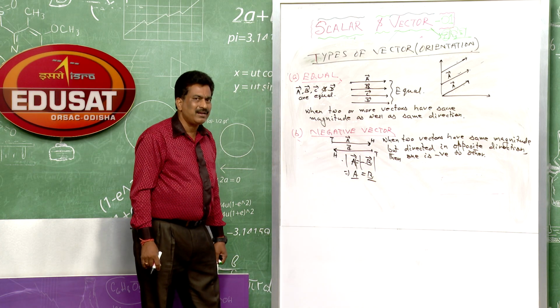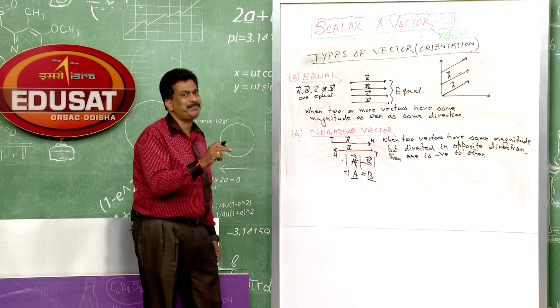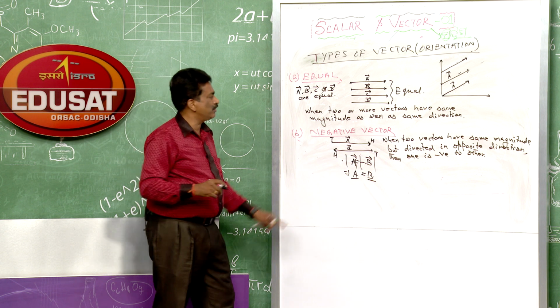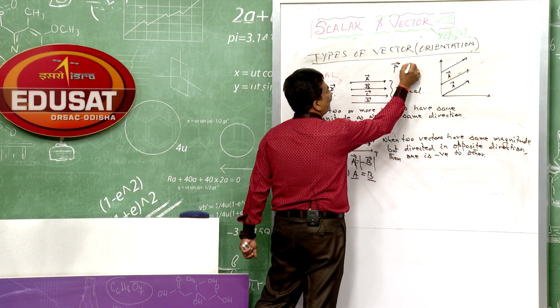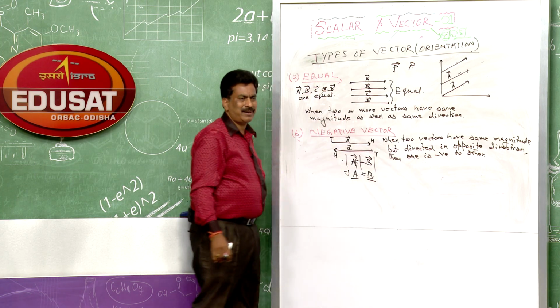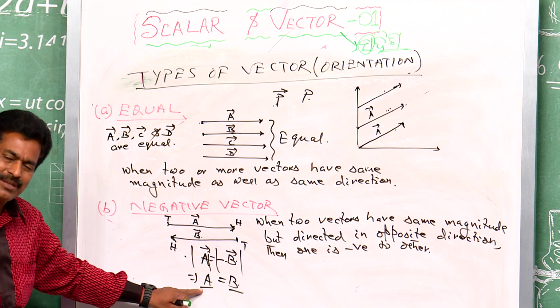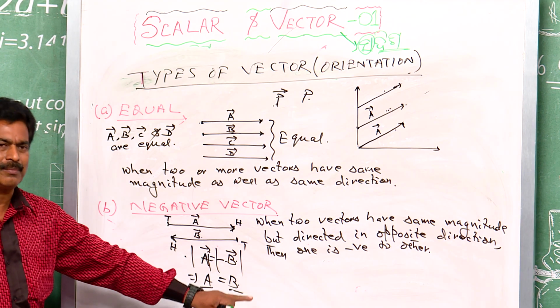What I said earlier: without the vector sign, if the same symbol is written, it represents the magnitude. As I said, if it is the P vector and you write only P, it means the magnitude of the P vector. This is A, meaning the magnitude of the A vector. It is B, meaning the magnitude of the B vector.